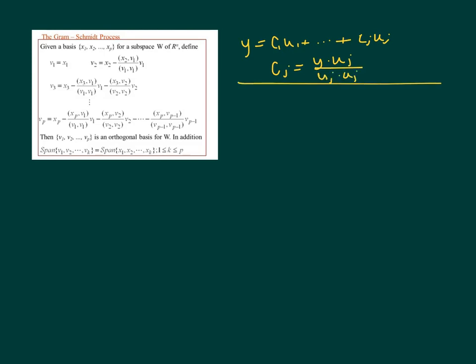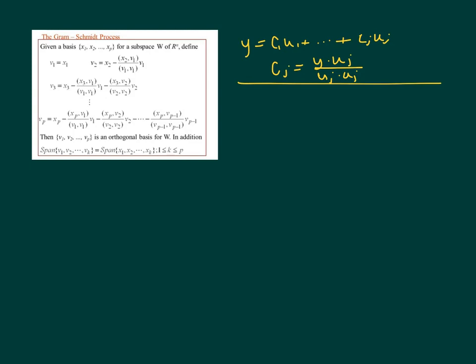So it's of interest to us to be able to find an orthogonal basis for every vector space that we have. And the Gram-Schmidt process is a process that does that for us. Given the basis, we can turn it into an orthogonal basis, and it just makes it more efficient and easier to work with, whatever our purposes are.